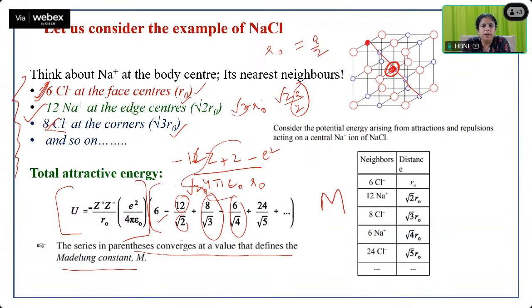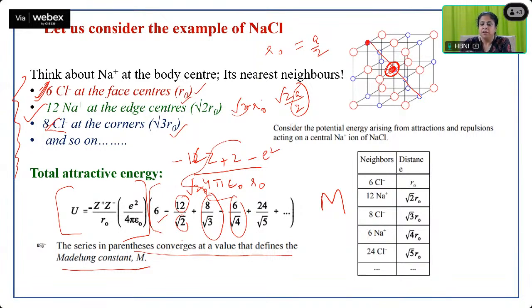How have we reached this value? We have reached this value by assuming a particular structure, the rock salt structure, wherein I had Na at the center. Then I looked into the next nearest neighbors, which were chloride ions, then the next nearest neighbors, which were sodium ions, then the third nearest neighbors, which were chloride ions. That means the Madelung constant depends on the crystal structure.